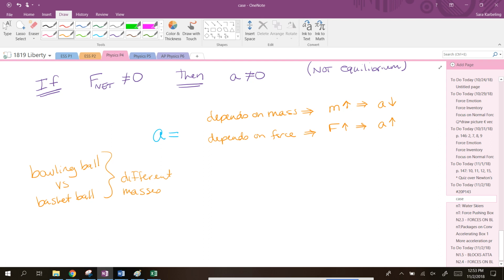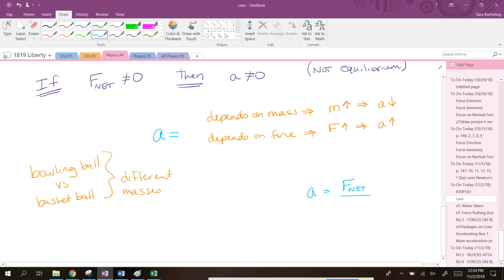We're going to put these two things together. Acceleration depends on mass and force. Acceleration goes up when the force goes up, and it's the net force acting. So if you're pushing on the bowling ball, Earth is pulling on the bowling ball, and the floor is pushing on the bowling ball also, but the net force is just going to be you. But as the mass goes up, acceleration goes down.